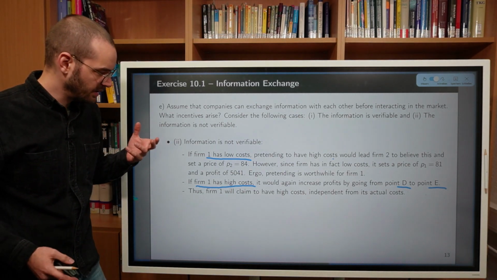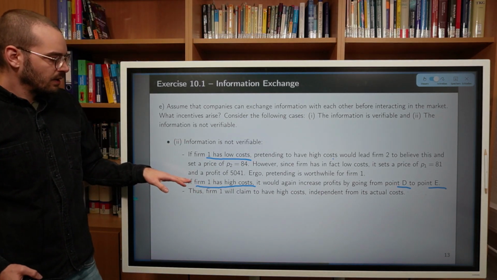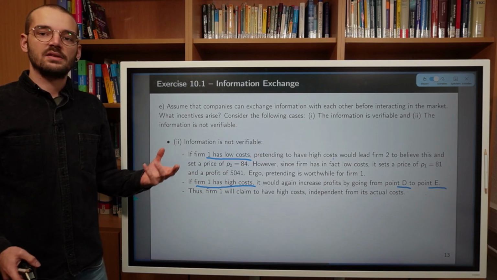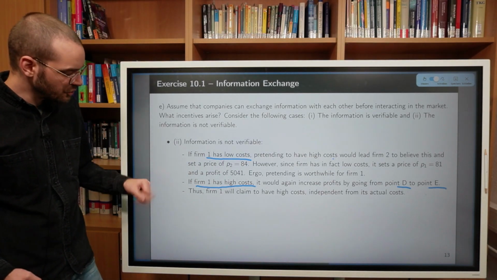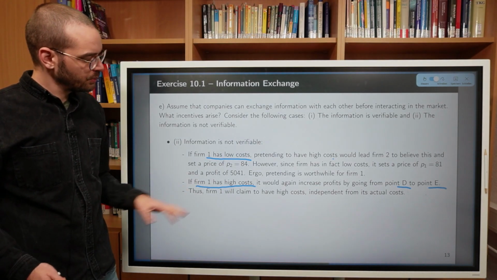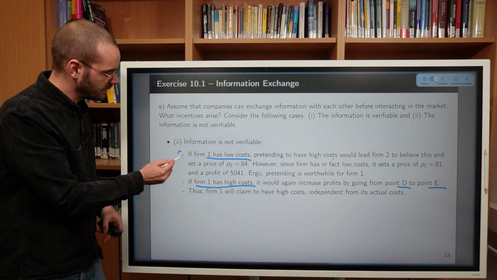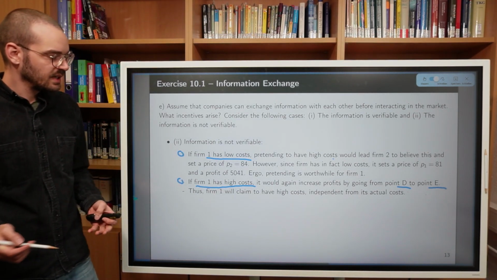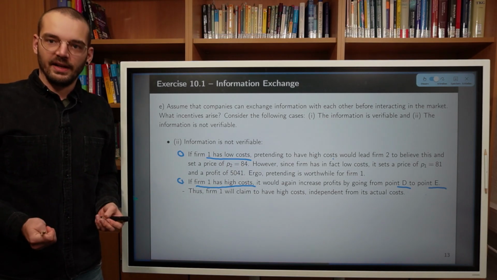So point being, if firm 1 has high costs, there is an incentive to claim to have high costs as well. So in the end, firm 1 will always claim to have high costs, because in either one of these situations, it is profit maximizing to claim to have high costs.